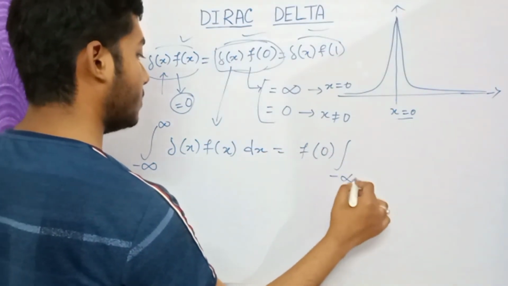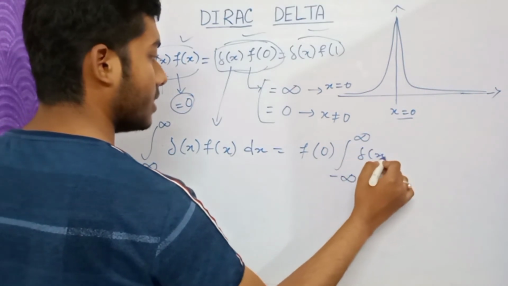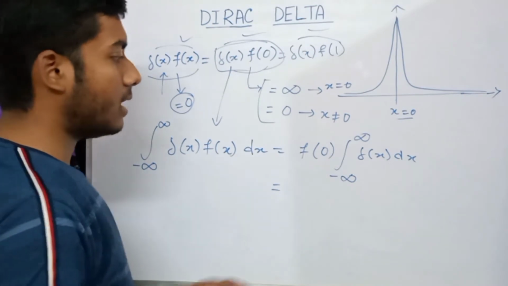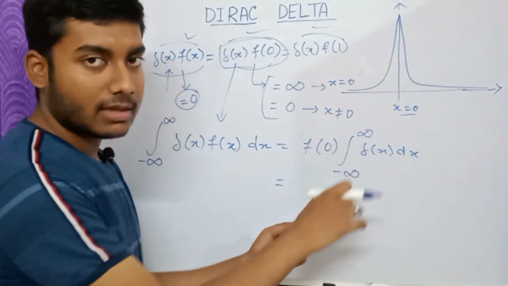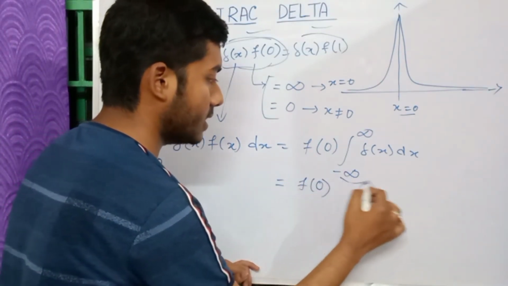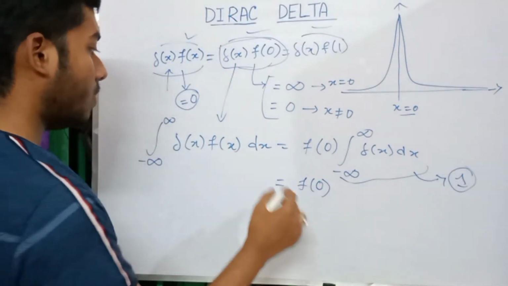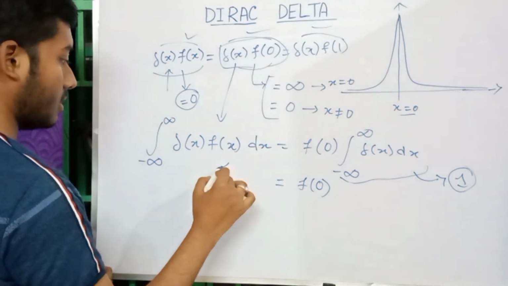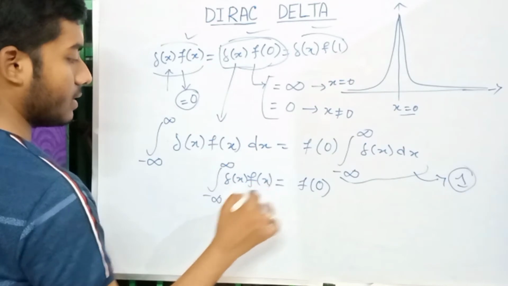So this is taken outside of the integral, and the integral will be delta x dx. Now previously I have discussed that this integral is equal to 1. So this will be f of 0, because this is 1.